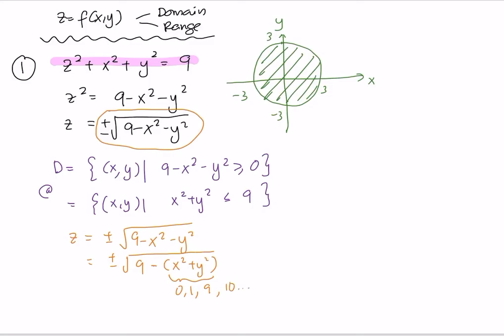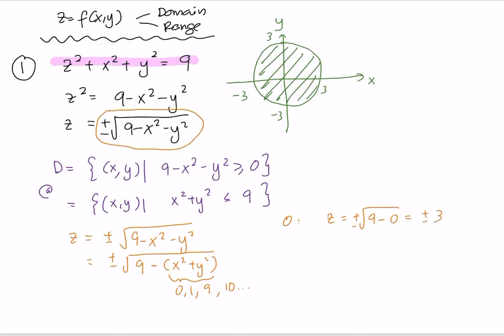Now we can test these values. Let's say when the value of x squared plus y squared is 0, you will have z equal to plus minus the square root of 9 minus 0, so of course you will have plus minus 3.